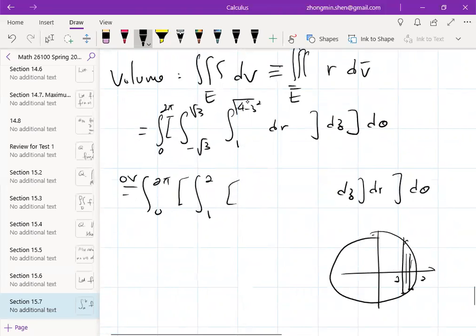For each R, the circle is R squared plus Z squared equals 4, right? So for fixed R, Z is going to be from negative square root of 4 minus R squared to positive square root of 4 minus R squared, and then dz. Okay, so we have R here. Don't forget the R here.